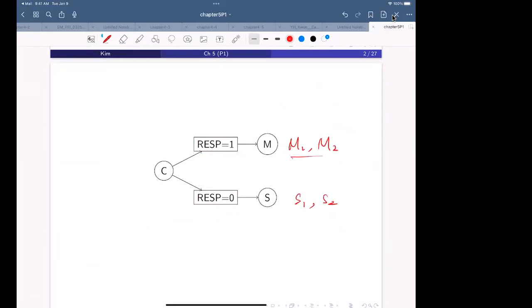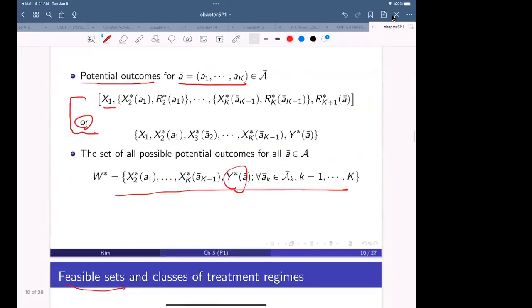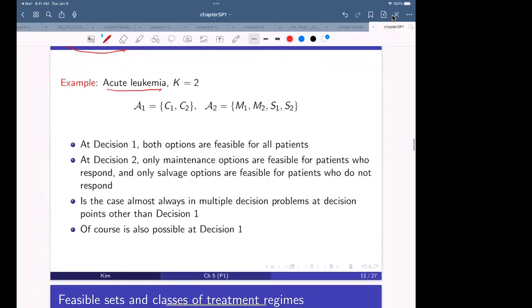This choice basically depends on this response, right? So feasibility means that at decision 2, only the maintenance option is available. So this is a maintenance option.